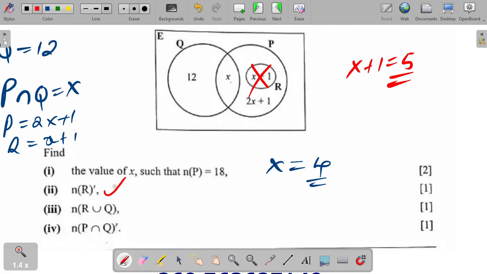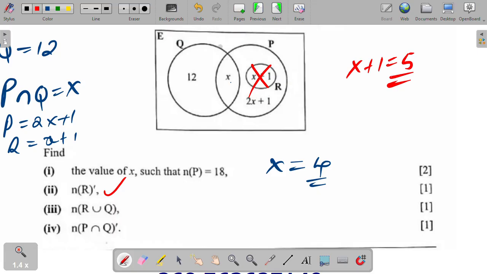So there are two ways to actually find this. We can add other elements, right? We can add other elements like 12, 4, 9 only. Or we can add everything: 12, x, and 2x plus 1, which is 2 times x, which is 4, which is 8, plus 1, it's 9.